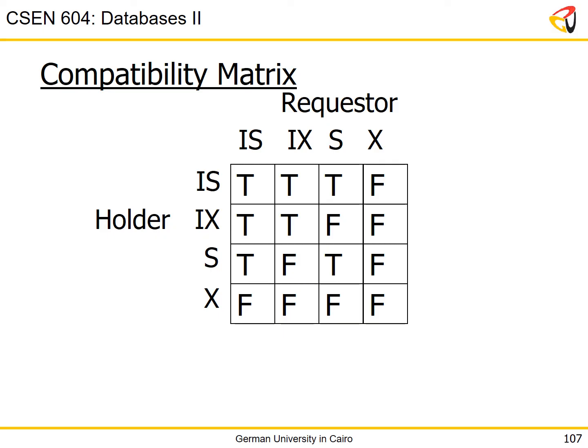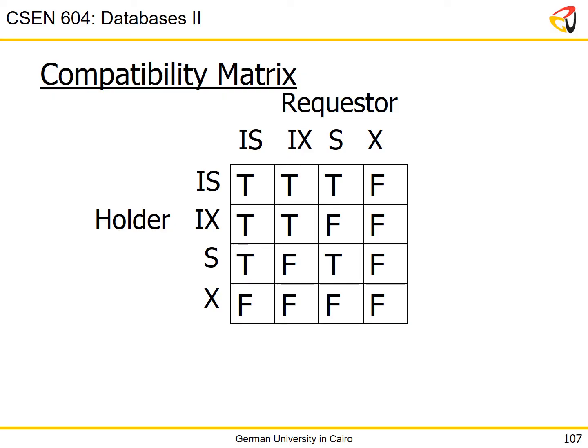Now the second row. If the current holder of the node we're looking at has an intention exclusive, anyone that goes in with intention to share will be allowed, because this might request a shared lock on a different part of the tree than the holder, which will request an exclusive lock later on.